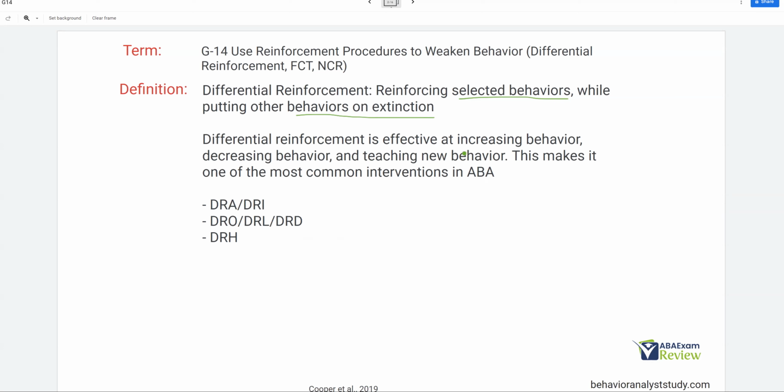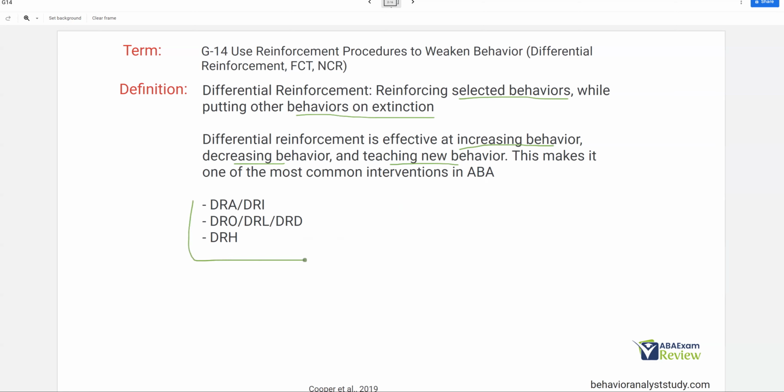We teach discrimination, differentiation. It's a very versatile and strong intervention strategy. It's effective at increasing behavior, decreasing behavior, and teaching new behaviors. This makes it one of the most common interventions in ABA. It's one of the best interventions we have, and there are many different ways we can implement differential reinforcement.